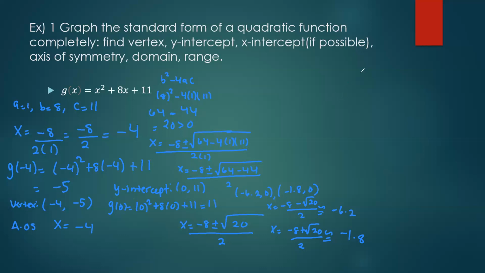Okay, I guess we can graph it. I'm just gonna have to draw it real quick. Vertex is at -4, -5.